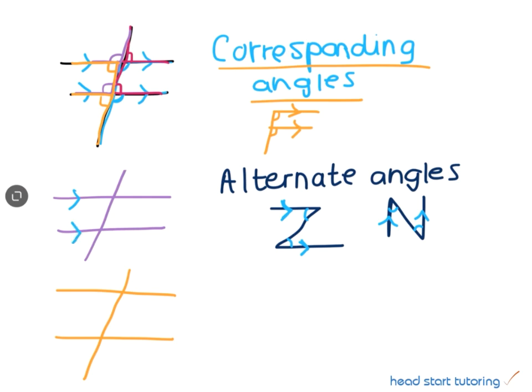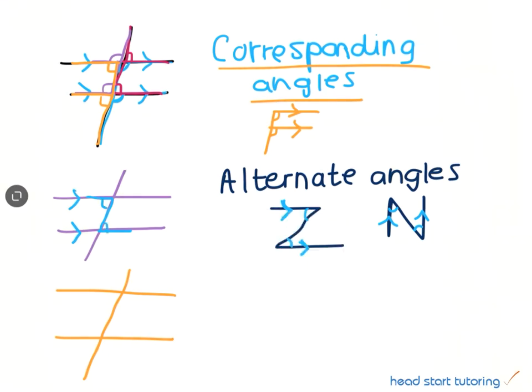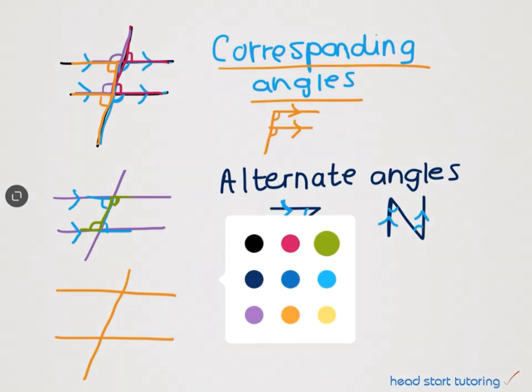So there are parallel lines, and we can find a Z shape there, which means that those two angles there will be equal. If we have a look, we can find a backwards Z there, which means that those two angles will be equal. And so it continues.